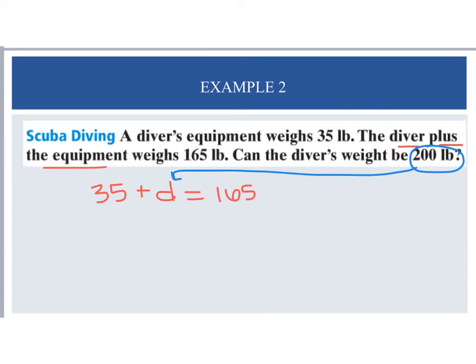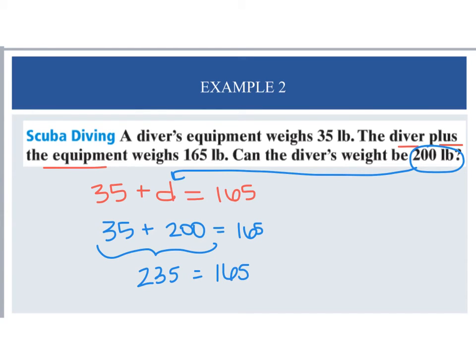If I plug 200 in, I end up with 35 plus 200 equals 165. 35 plus 200 is 235. Does that equal 165? Because it does not, we're going to say no. The weight D is not equal to 200 pounds.